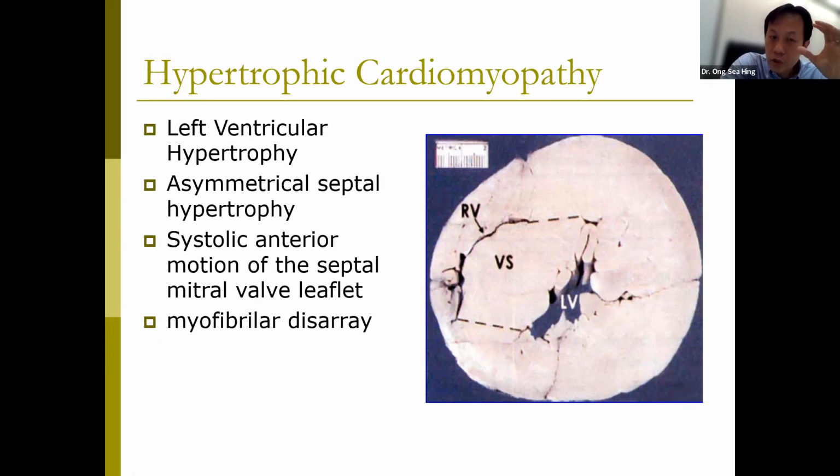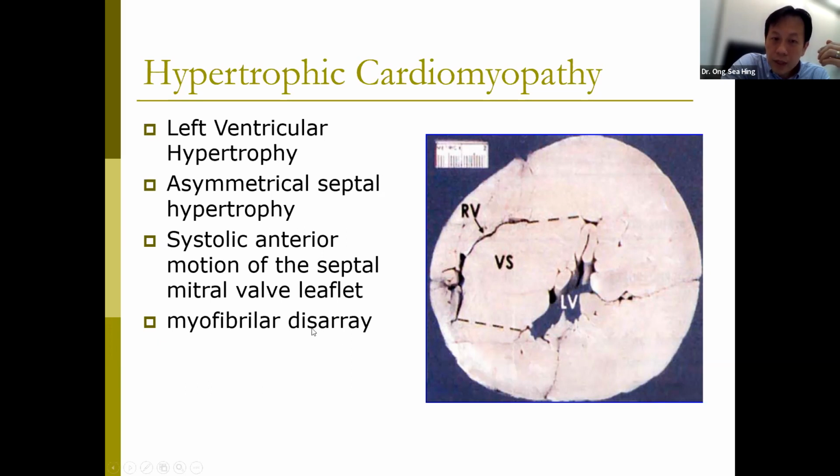Okay, because the septum is so thick, when the heart contracts, it pulls the anterior mitral valve leaflet upwards, in the anterior direction, and that can cause mitral regurgitation, and that worsens the heart failure for these kind of patients. Okay, so these patients can also present with heart failure.